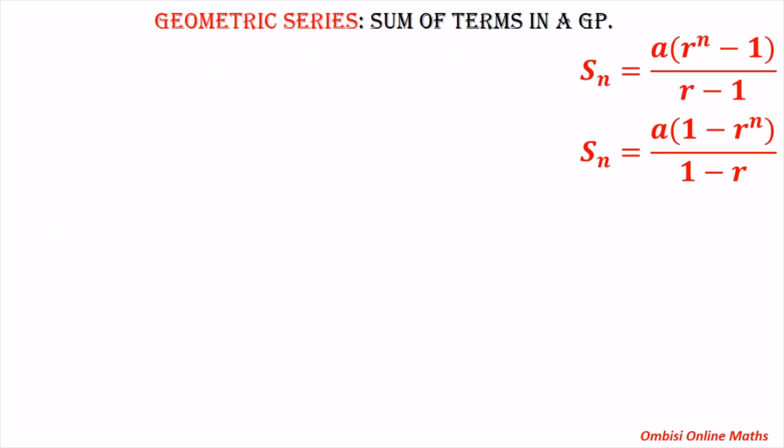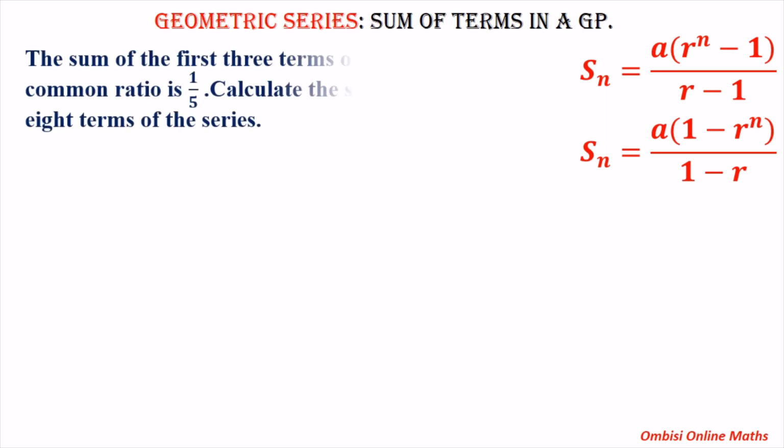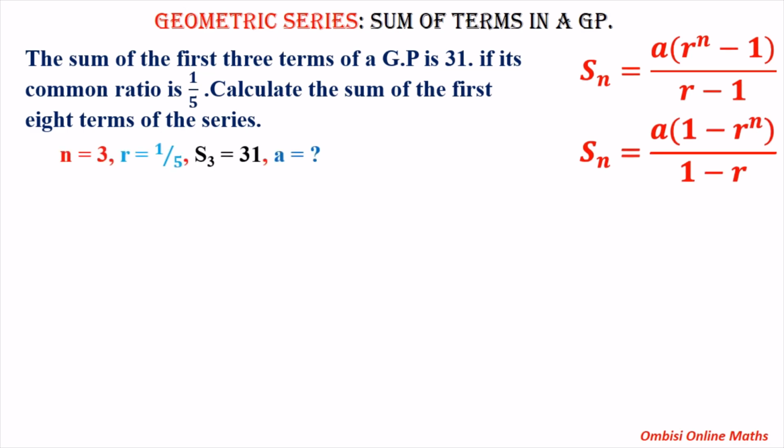Now, looking at the next question, it says that the sum of the first 3 terms of a GP is 31, and its common ratio is 1/5. Calculate the sum of the first 8 terms of the series. We know very well that the value of n here is 3, because they've said the sum of the first 3 terms.